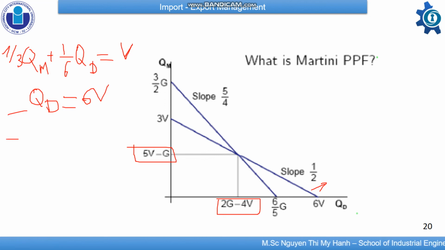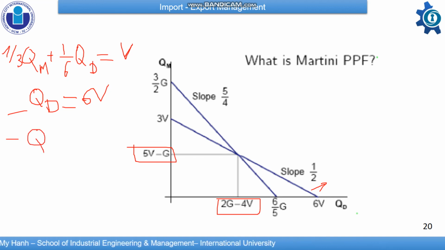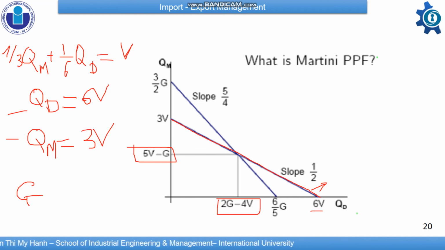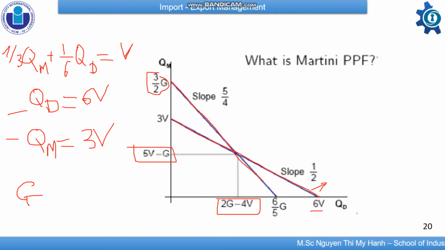And if they use all vermouth to produce the regular, we will have QM equal to 3V. So we can draw this line. QM is 3V and QD is 6V. And the same for the gin constraint, you can calculate to this point 3 over 2 G and 6 over 5 G. Then you can draw this line.